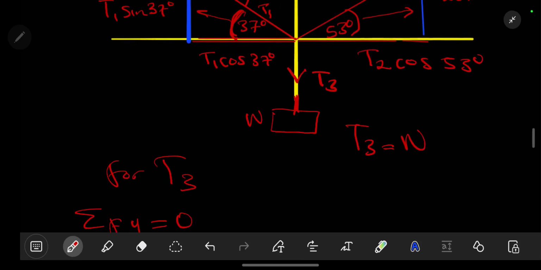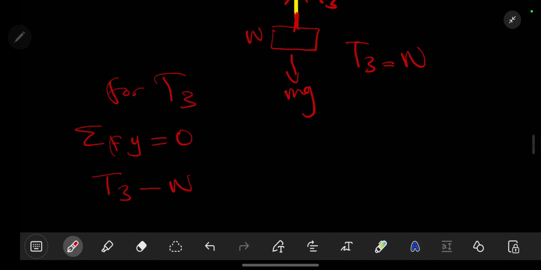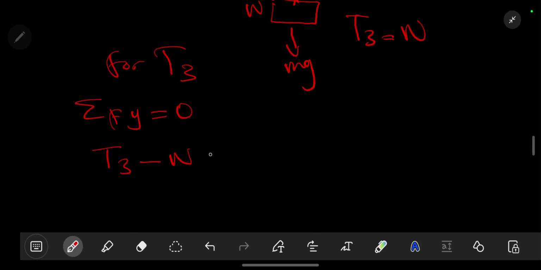Because the tension is a force that pulls an object, if we have the weight of the object downwards, our mg, it means to say the tension will go up. So it will be T3 minus the weight is equal to 0. That means that T3 is equal to the weight. So each and every time you have one mass attached like that, then that's just your T3.